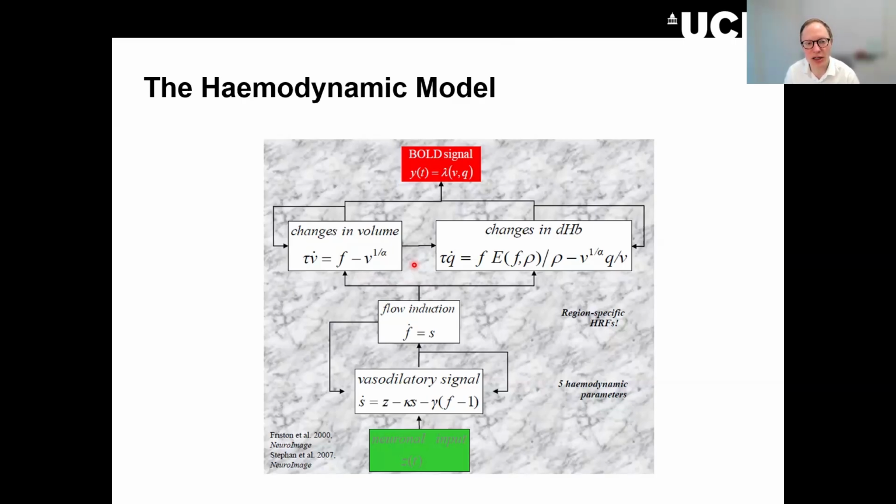And there's also a concurrent change in the deoxyhemoglobin ratio. Together those two things pass through a nonlinear function that gives you the predicted BOLD response. All you need to know is that if you put into this model the predicted neural activity, you get out the predicted BOLD response. And that forms the second part of the DCM model.